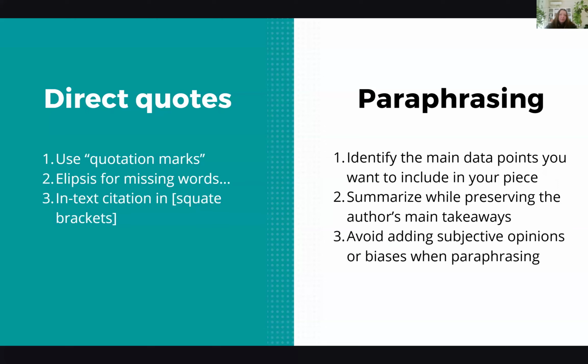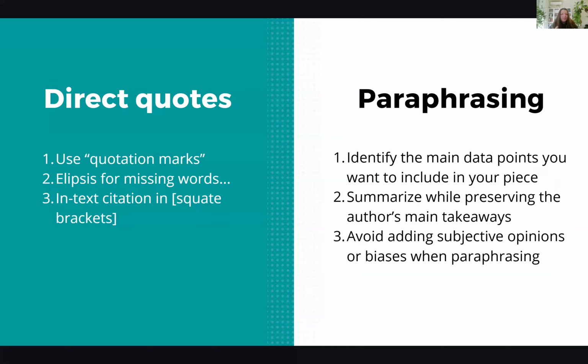If you're paraphrasing, so you don't copy paste the text directly from the source, you should still have the number of the source in square brackets, but the piece of information you take won't match the text of the source directly.